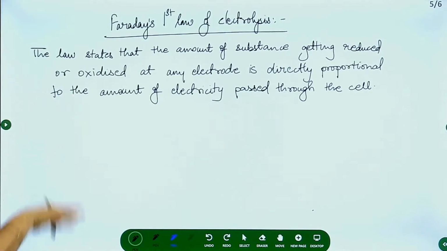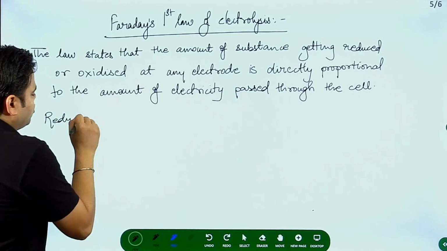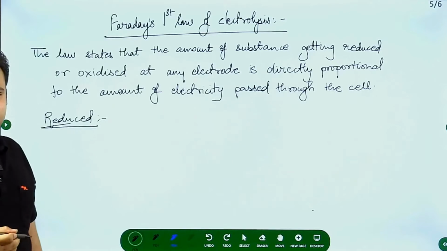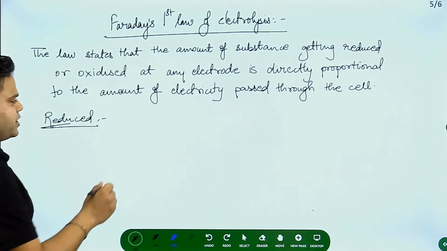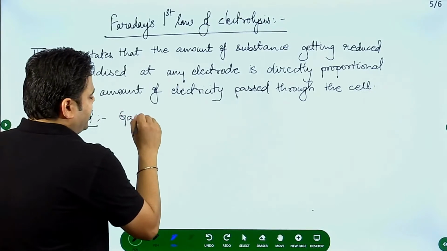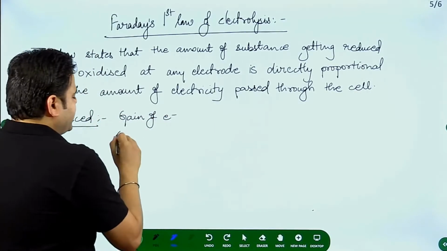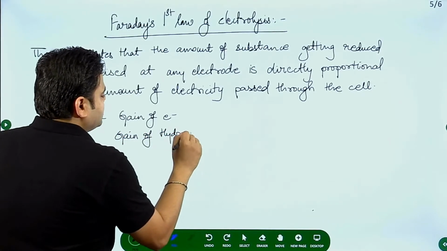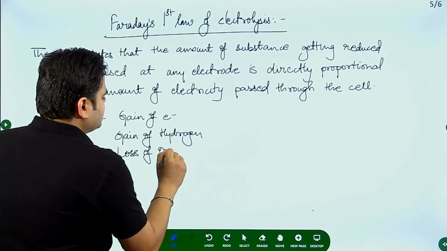So the law states that the amount of substance getting reduced or oxidized. Now what do we mean by reduced? Reduced का meaning क्या होता है? कैसे identify करेंगे कि reduction हो रहा है? How do you identify that it's getting reduced? You can say reduced when there is gain of electron. You can say reduced when there is gain of hydrogen. You can say reduced when there is loss of oxygen.